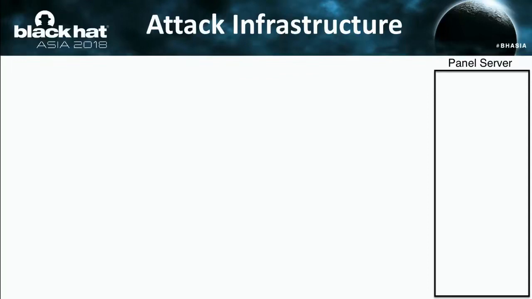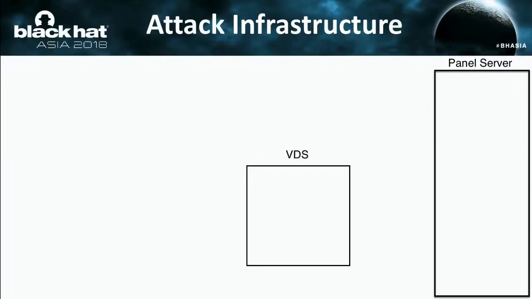The panel server can also manage, of course, the admin account of the panel server and manage the users. Of course, the users are attackers. Another server in the attack infrastructure is the VDS server, which is the actual landing server. VDS is the virtual dedicated server. And the next server is the proxy server.